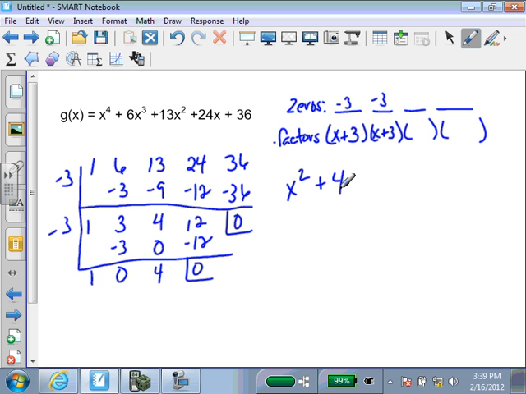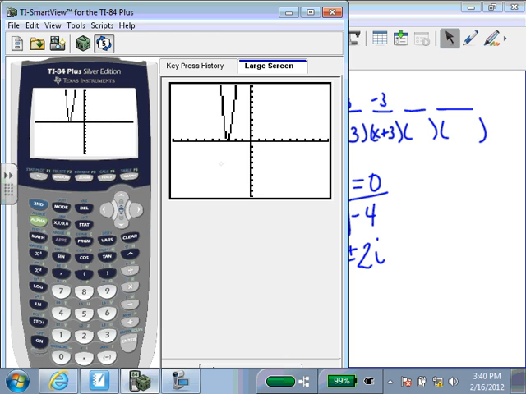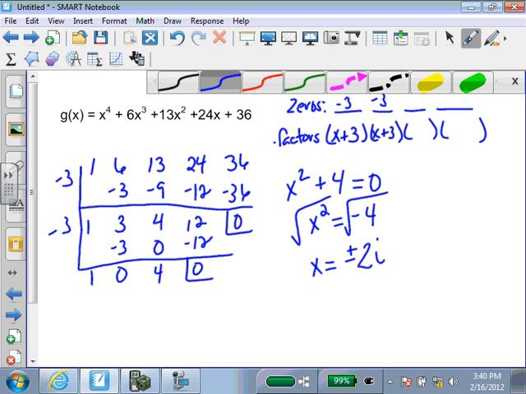I have to figure out what zeros go with that. So I'm going to set it equal to 0. X squared equals negative 4. Square root both sides. X equals plus or minus 2i. That's why my graph did not show them as x-intercepts, because they actually are just zeros, not x-intercepts.